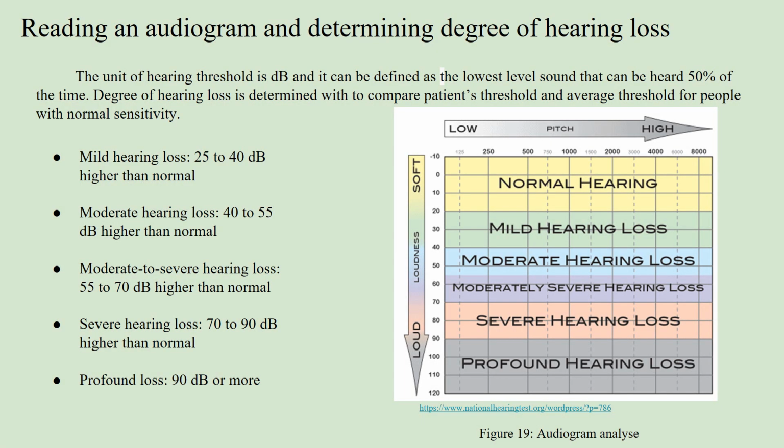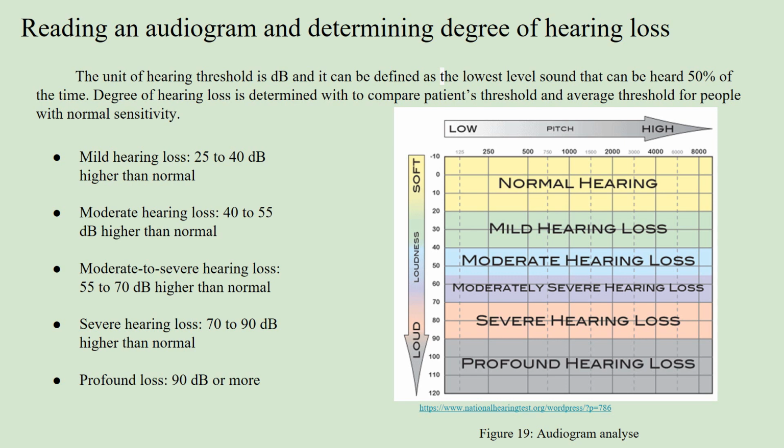Audiometer aims at determining whether hearing loss exists or not. It also shows the degree of hearing loss if it exists. It compares results of patients with average hearing values of a healthy human. If the threshold of the patient is 25 to 40 decibels higher than normal, the patient has hearing loss at mild level.